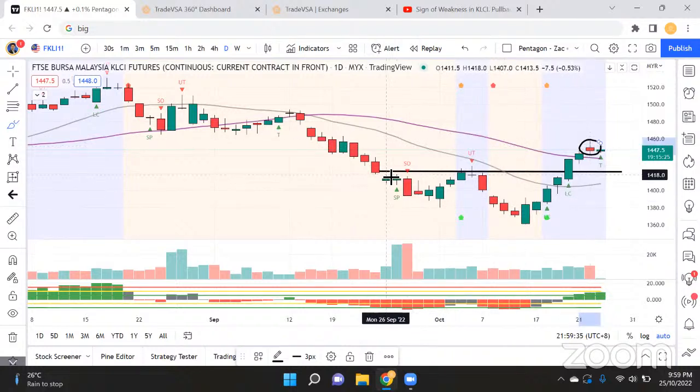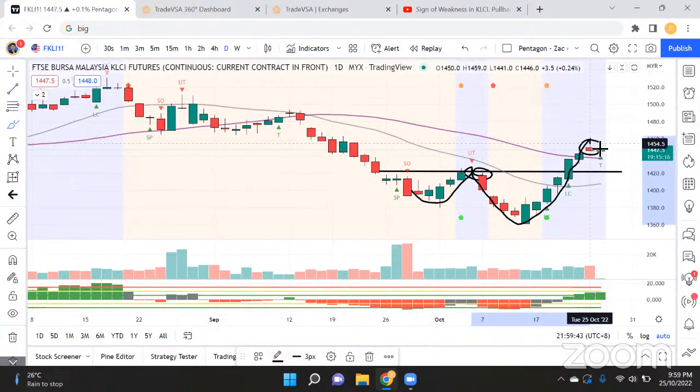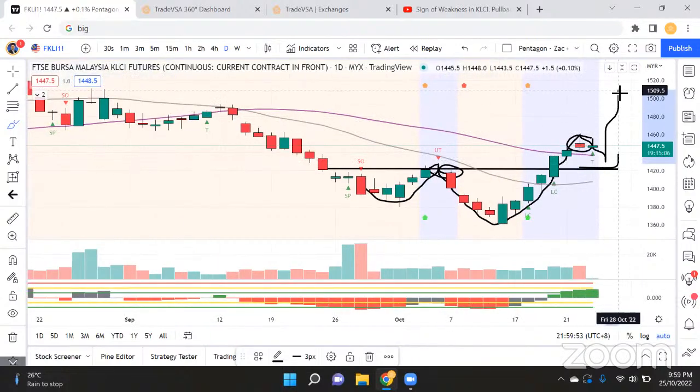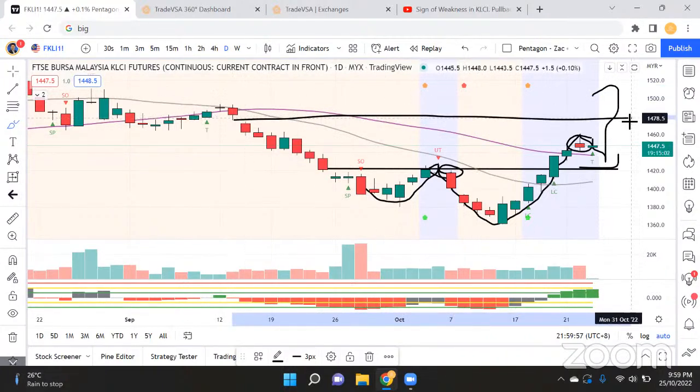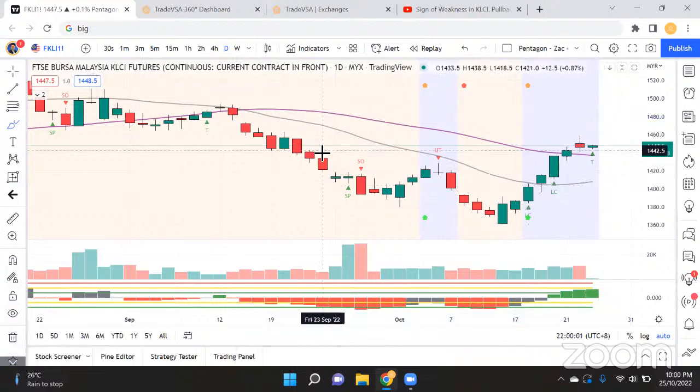But one thing that's good about KLCI and FKLI is that they actually broke the previous small resistance here. So hopefully in the pullback these few days, you're able to test successfully nearby this support level, so that we get a chance to retest higher, probably around 11480. That's a good one for KLCI.